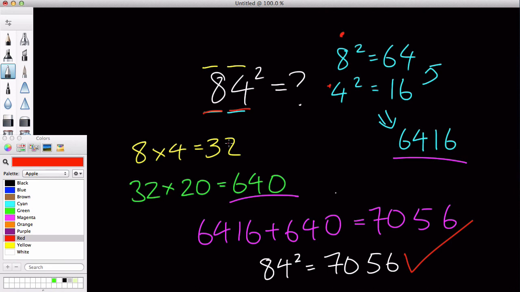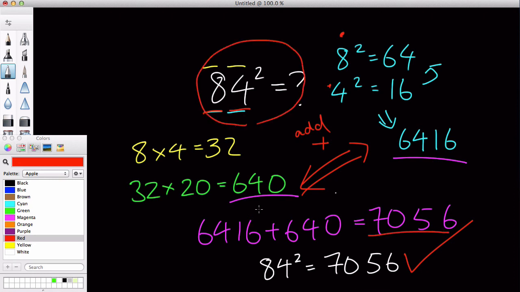So 8 times 4 equals 32, and then multiplying by 20, which is basically doubling and then adding a 0 at the end. Lastly we add these two together, and that equals 7,056, which is the answer to this big question: what's 84 squared?